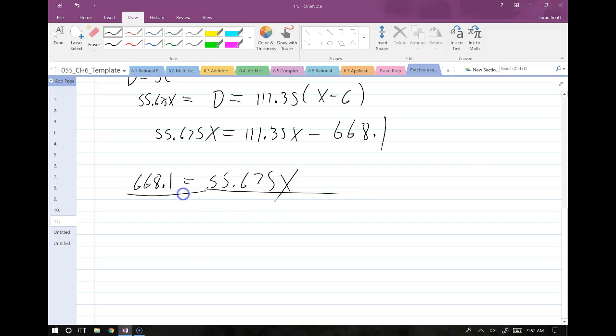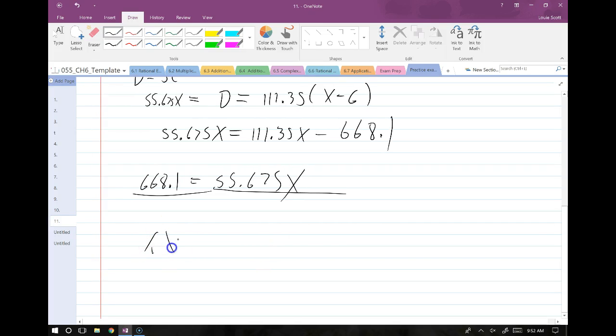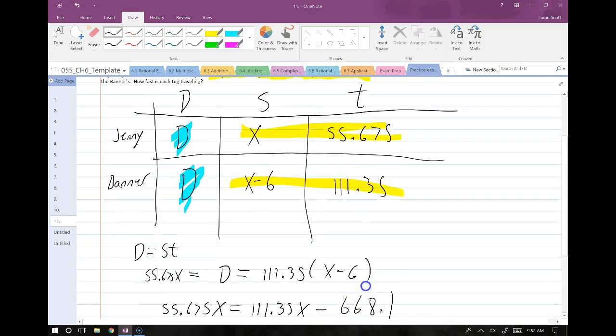Now I'm going to divide both sides by that number. And when I do that, I get x is equal to 668.1 divided by 55.675, which equals 12.